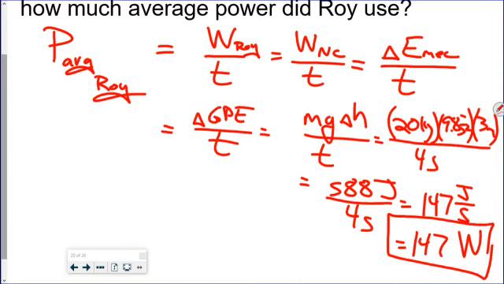Now you've got to be careful there. The symbol for work is W, but the units for work are joules. So this is a quick side note here.